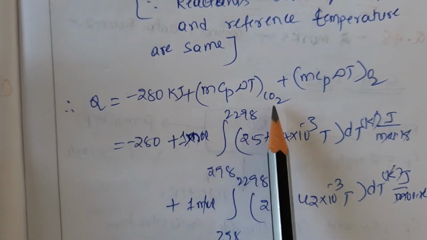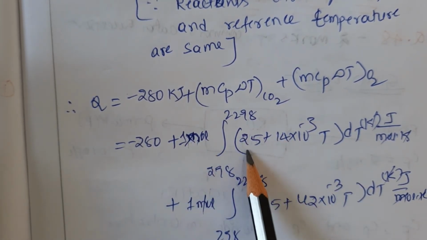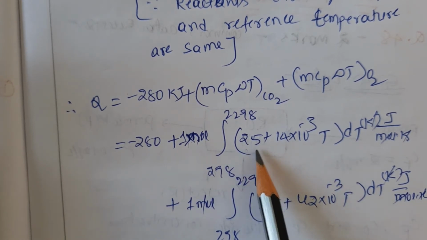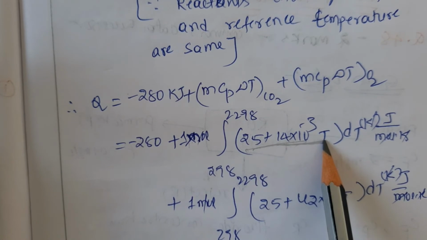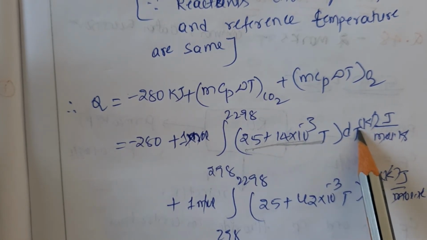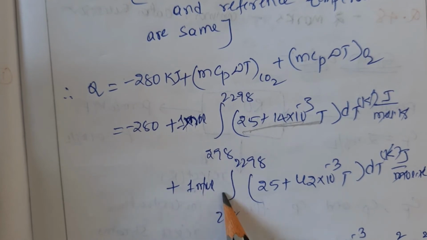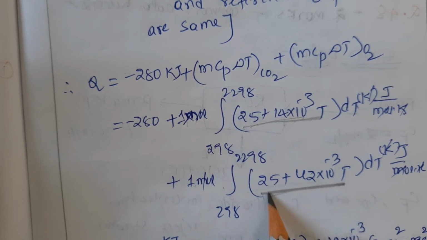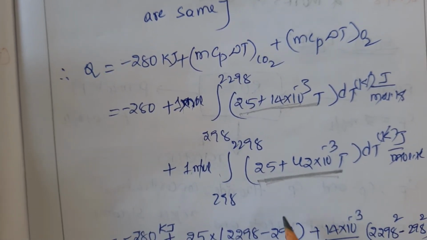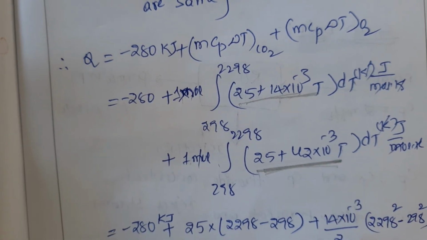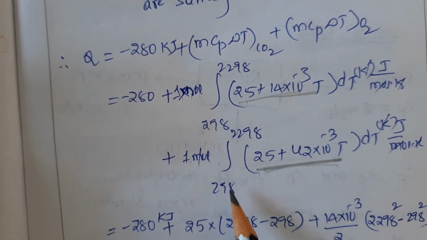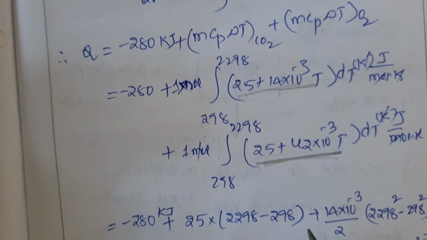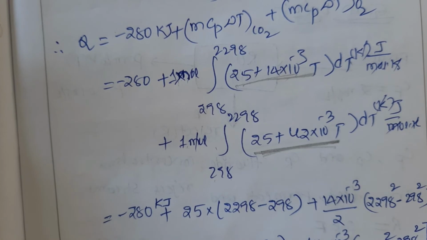The product stream of CO2 is 1 mole, and this is the formula they have given in terms of temperature. You have to integrate with temperature. Here also the leftover oxygen is 1 mole, and this is its heat capacity equation in terms of temperature. We have to integrate. The limits are 298 Kelvin to 2298 Kelvin, after integration and substituting the corresponding values.